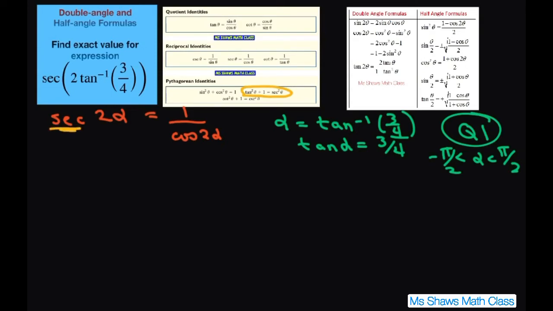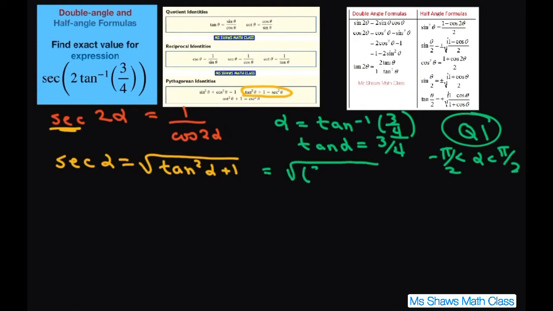So we know that secant of alpha equals square root of tan squared alpha plus 1. So basically I just took this formula and square rooted both sides. So this means that equals square root of 3/4 squared plus 1.